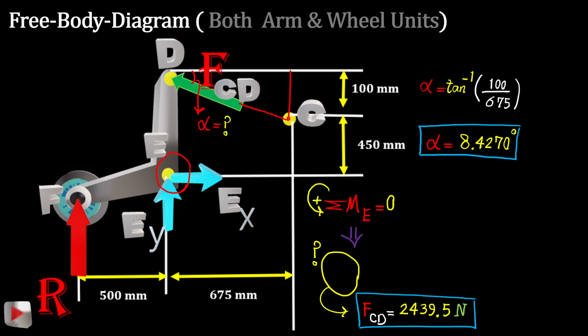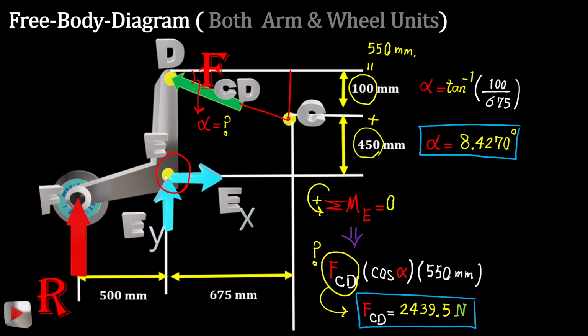Summation of moment about E goes zero, and we simply get FCD cosine of alpha, because the vertical component just passes through E, but the horizontal one makes a moment.